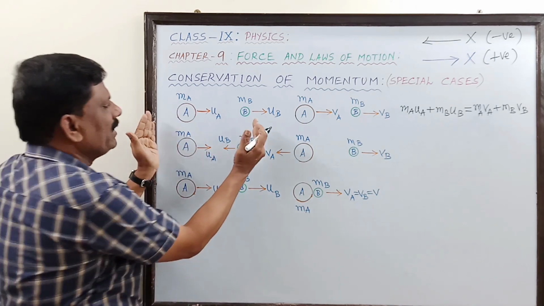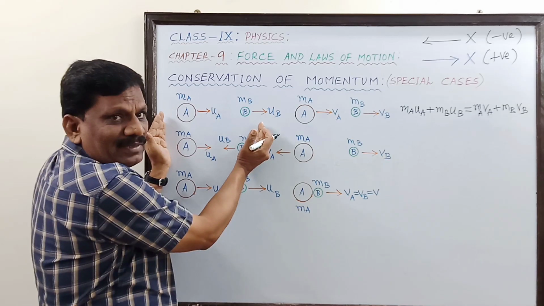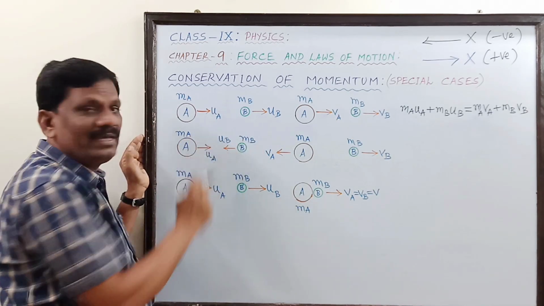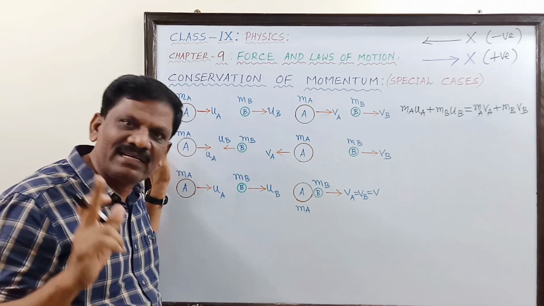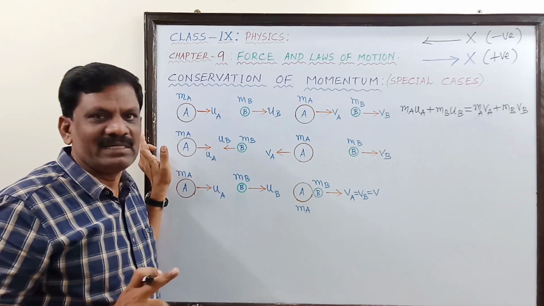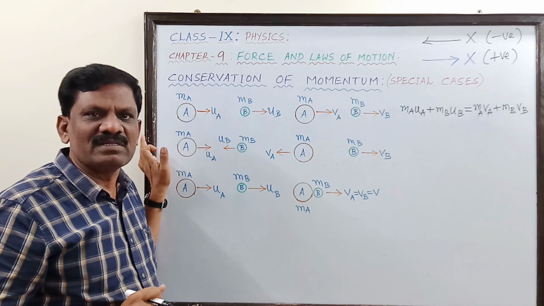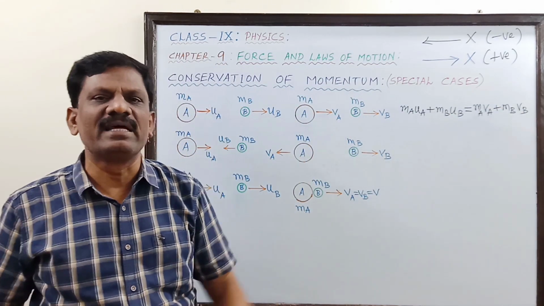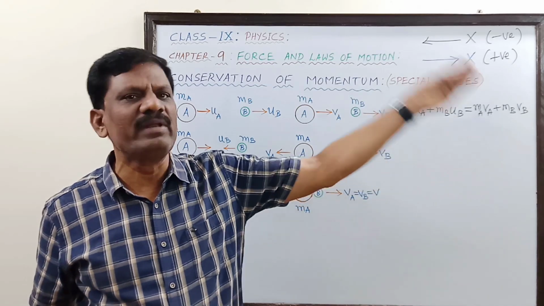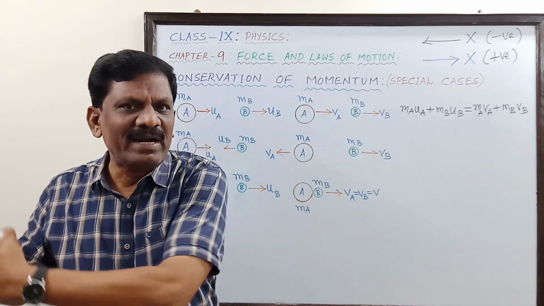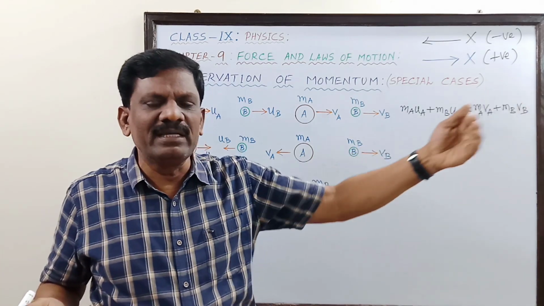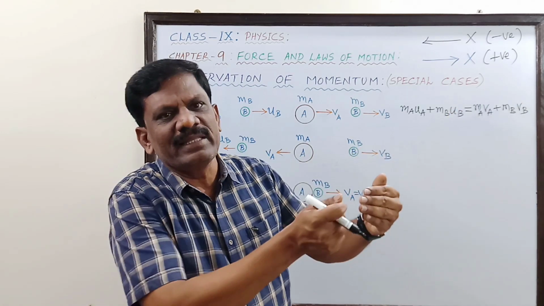So what is the total momentum of the system? It is MA UA minus MB UB. Are you understanding? This is very important for solving numerical problems. Sometimes a numerical problem in your textbook is like this: a bowler in cricket bowls a ball and the batsman hits the ball. So the ball is coming in one direction and the bat is going in the opposite direction.